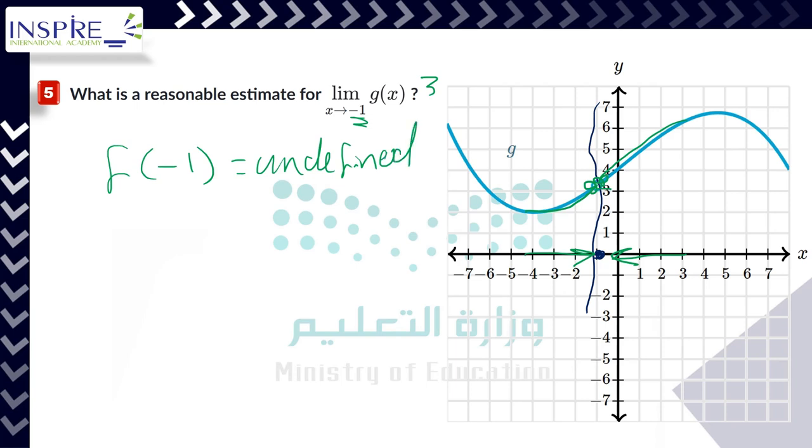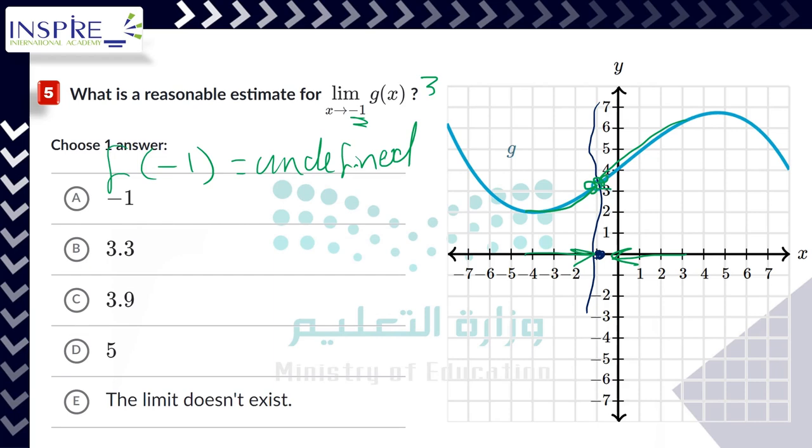So there's a big difference between the value of the function and the limit of the function at this point. Here we will choose 3 as the limit of the function as x approaches -1. We don't have 3 among the choices, so we'll choose the closest number to 3, which is 3.3. Okay, next.